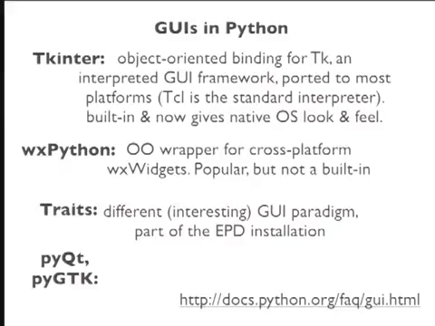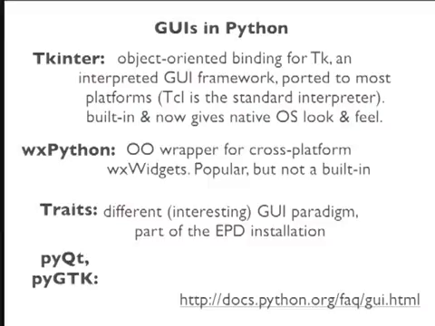And then this thing called traits, which came out of the Enthought people themselves, is a different GUI paradigm, although itself isn't actually about GUIs. It's about creating and instantiating objects that have connections between each other, where it allows you to strongly type Python. As many of you know, until you have decorators all over the place in your code that say that this variable has to be of type string, you can just keep on declaring variables and changing them from strings to floats to whatever else you want.